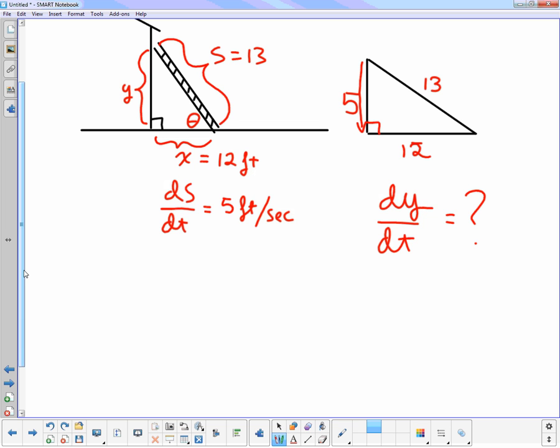So we have x squared plus y squared equals s squared. The top of the ladder is falling at 5 feet. It's almost on the ground, because remember, it's a 13-foot ladder.